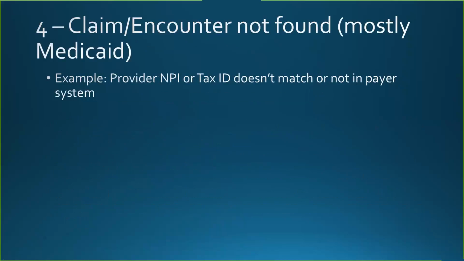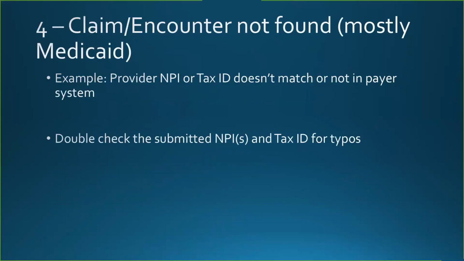Number 4 is the claim or encounter is not found, and this is most common with Medicaid. If your NPI and tax ID are not in a payer system, they may reject that back to you. So you need to double check and make sure that your NPIs and tax IDs are correct. I know, broken record.